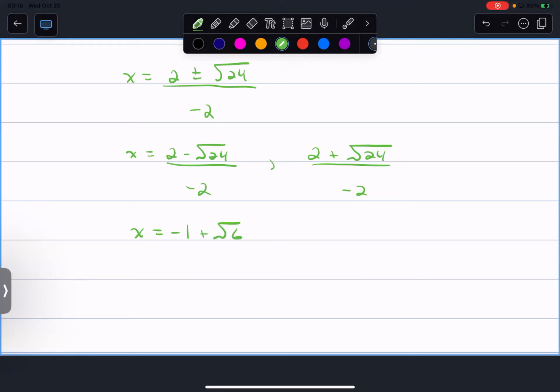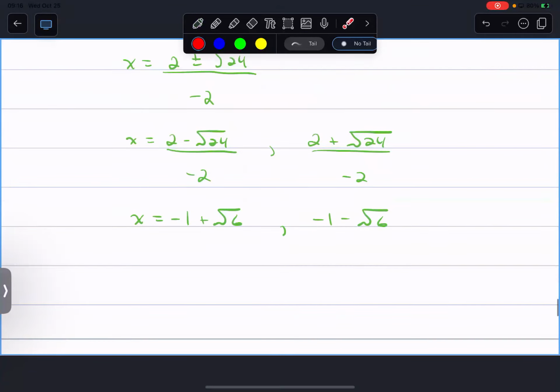I didn't do that in my head. The calculator just does it. It should be giving you exact answers. And 2 plus root 24 divided by negative 2 is negative 1 minus root 6, right? Because all those 2's cancel.